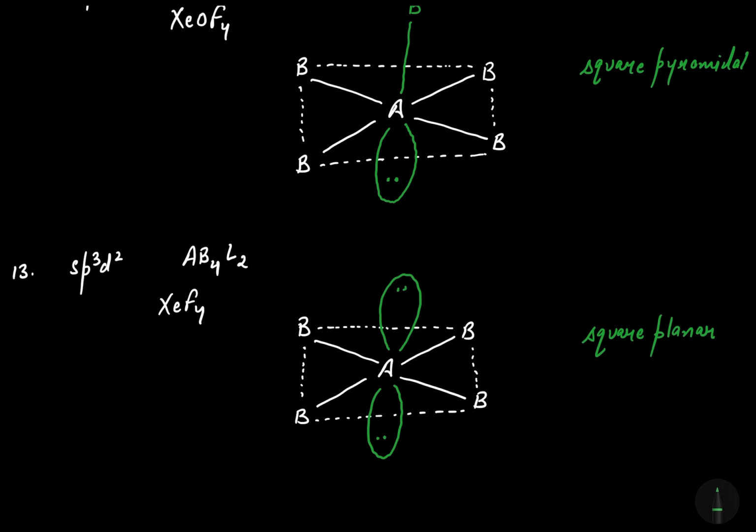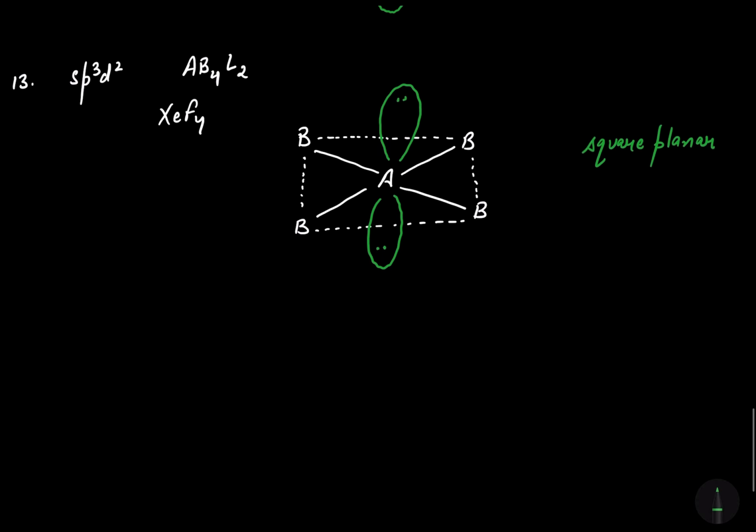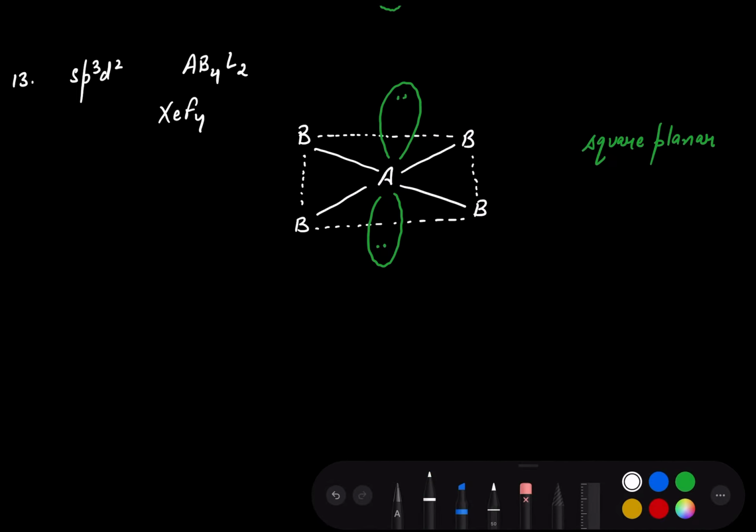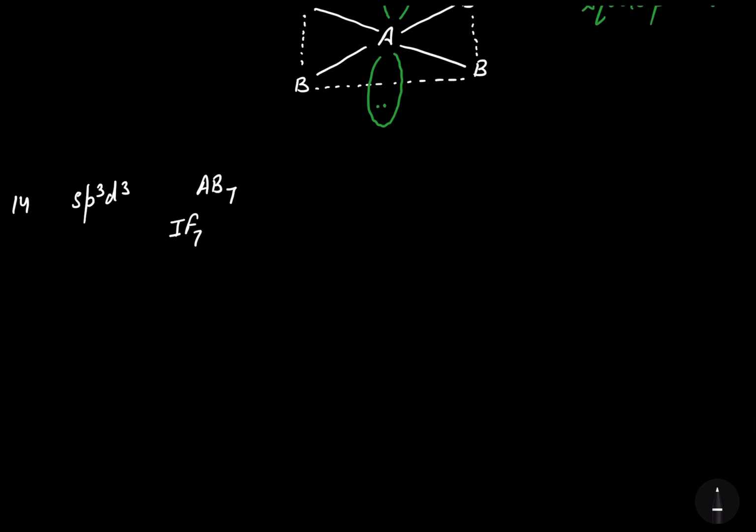Now let's talk about the next hybridization, that's sp3d3. Now we are talking about the next hybridization, the 14th, that's sp3d3. The general formula of the covalent compound showing this hybridization will be AB7, and I am taking the example of IF7. Now for AB7, firstly we have to make a pentagonal plate.